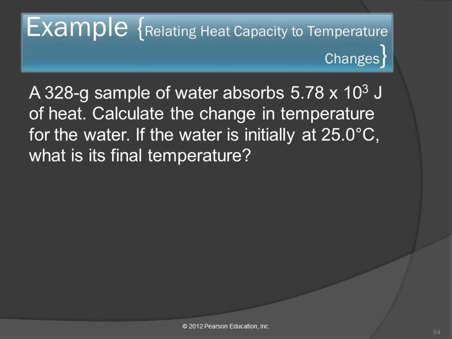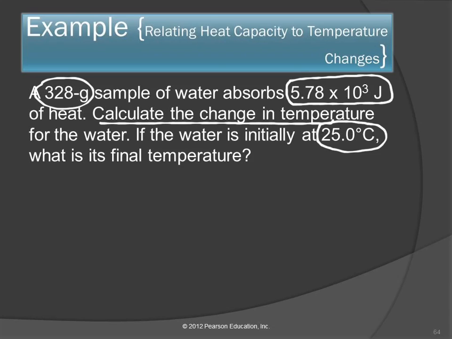So let's identify our numbers. 328 grams, 5.78 times 10 to the third joules. There's a temperature over here. Got all our numbers there. What are we supposed to calculate?